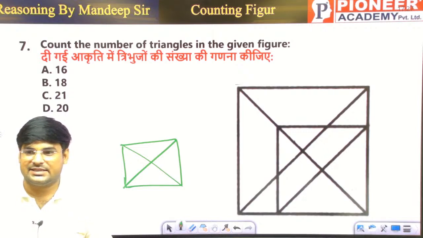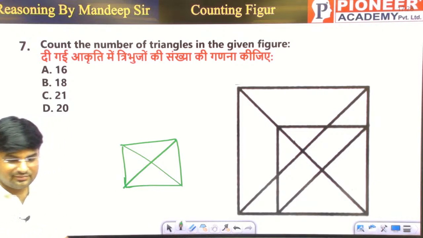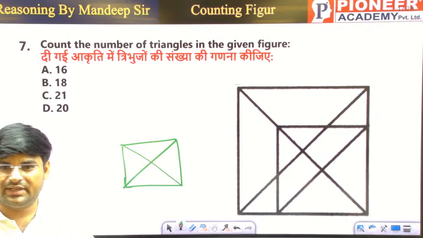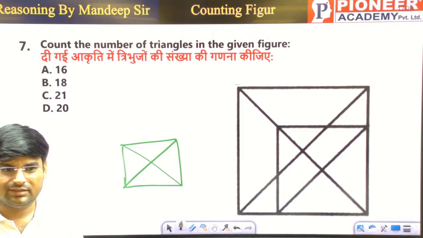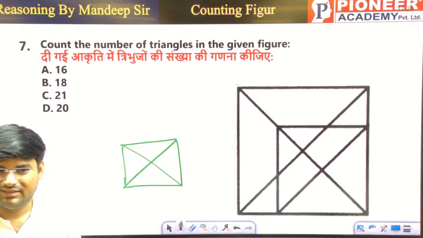How many people know about Ghajini? Ghajini forgot everything every 15 minutes. You all are Ghajini.